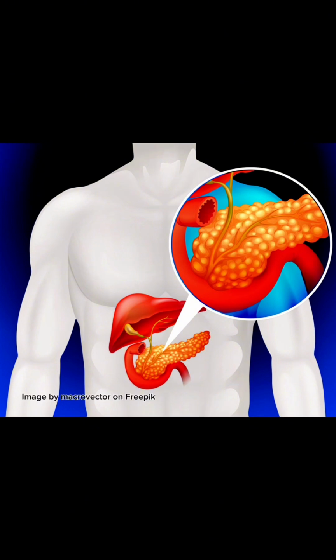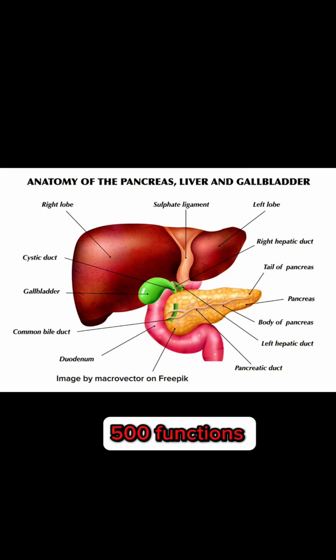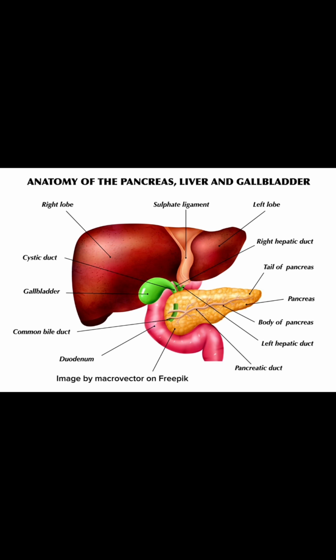As we see here, the pancreas sits right behind the stomach, right underneath the liver. And both the liver and the pancreas work very closely together. The liver has about 500 functions in the body. Among these functions, it produces the bile that helps break down food in the intestine.